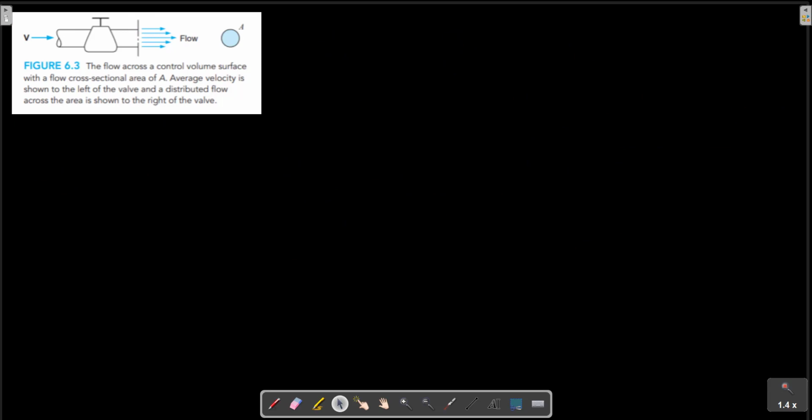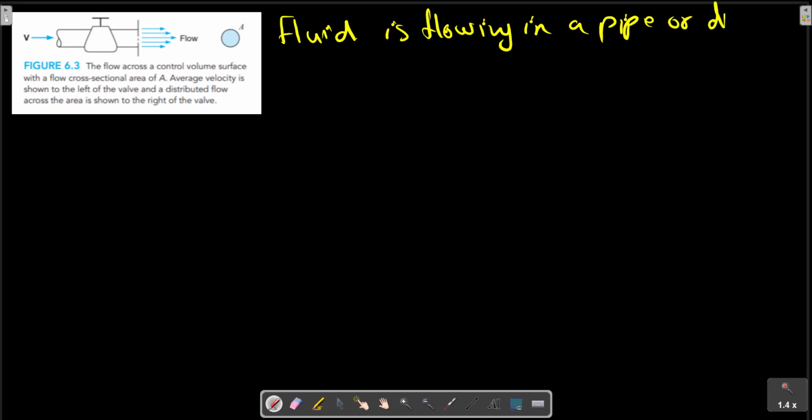We assume the fluid is flowing in a pipe or duct as illustrated here.